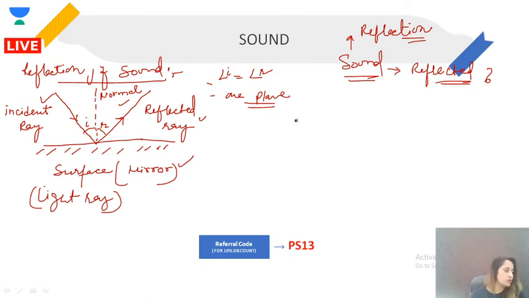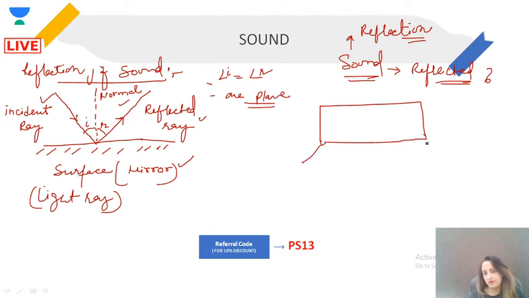Again, in your book there is an experiment given where we have this kind of setup: we have this wall, okay, and let's say we have this table. On this table we have this little pipe, because sound waves we have to pass through a pipe.